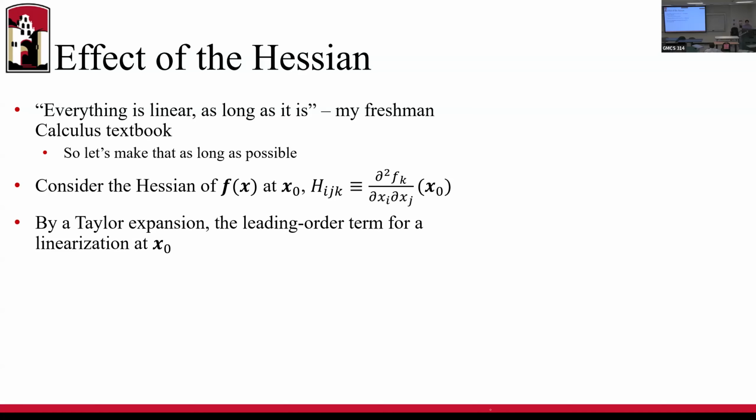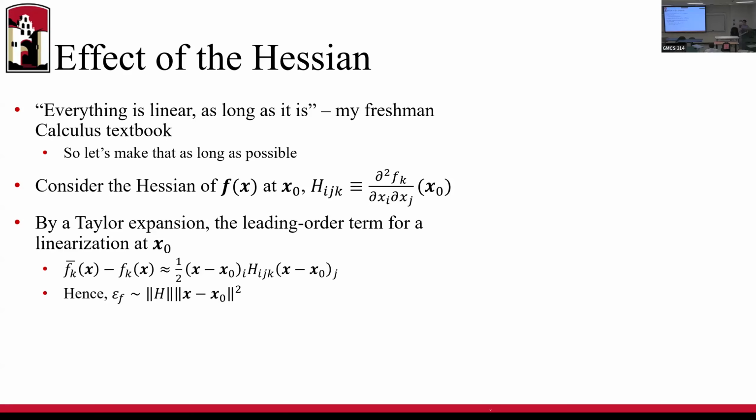And by Taylor series expansion, we can show that the leading order error term between linearization at x naught and the actual value of the function is going to be 1/2 (x minus x naught) transpose times the Hessian times (x minus x naught). So therefore, the error that we're going to get for this linearization is going to scale at the amplitude of the Hessian times x minus x naught.